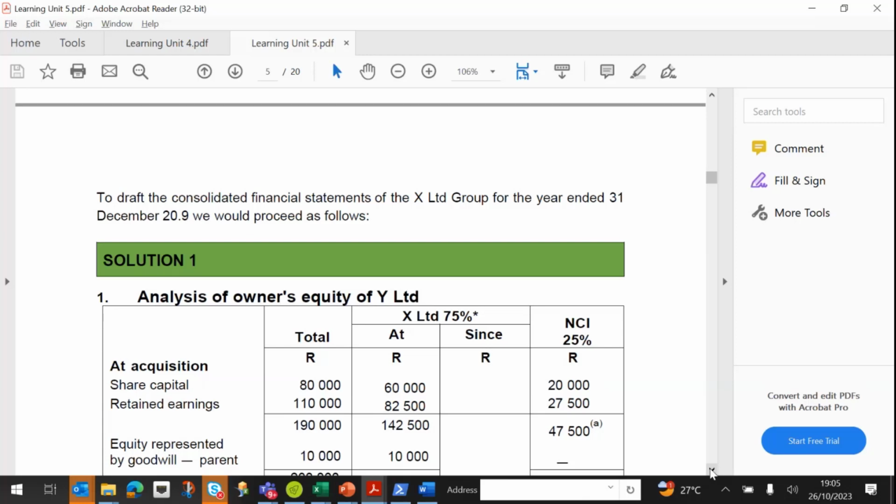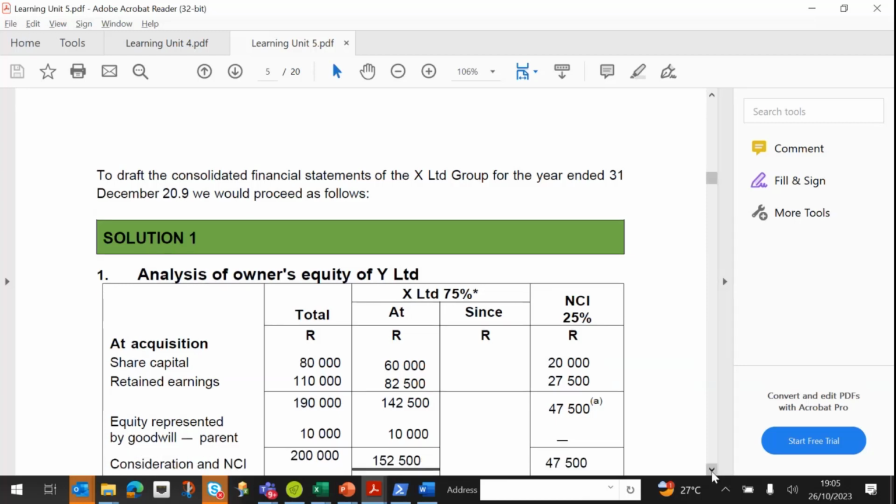What shareholding do I own in this? 75%. So the profit 30,000 times 75%, and if it was earned from a particular month, I apportion it. So instead of going through the analysis and saying 75%, it's 80. So let's go down.